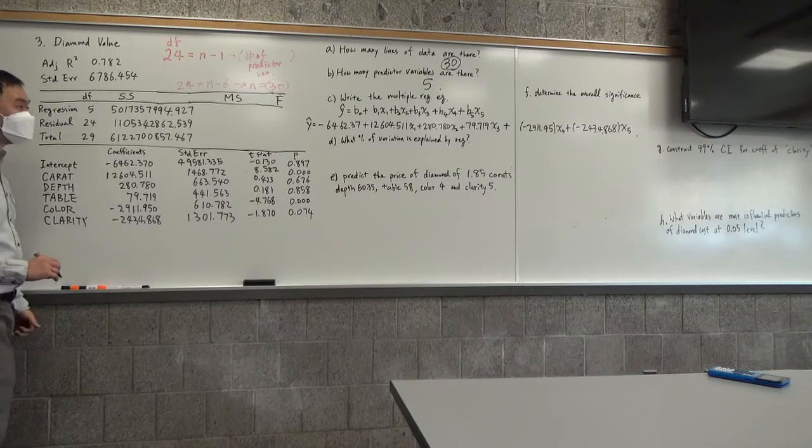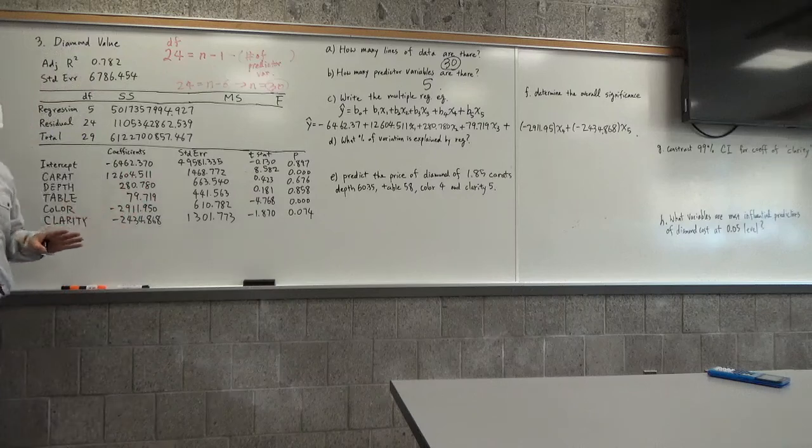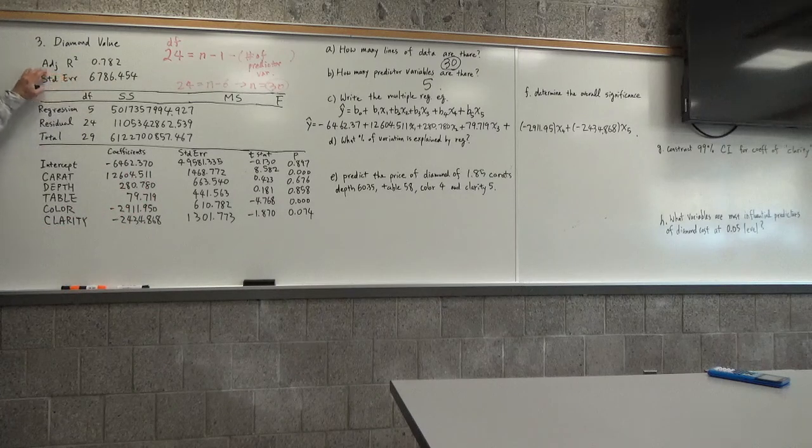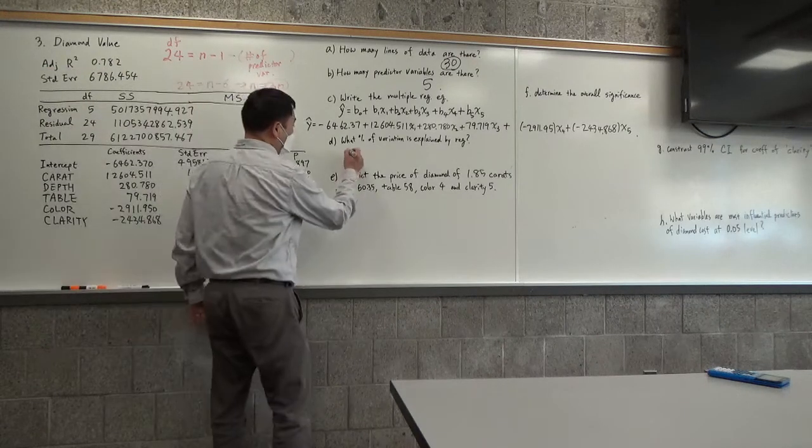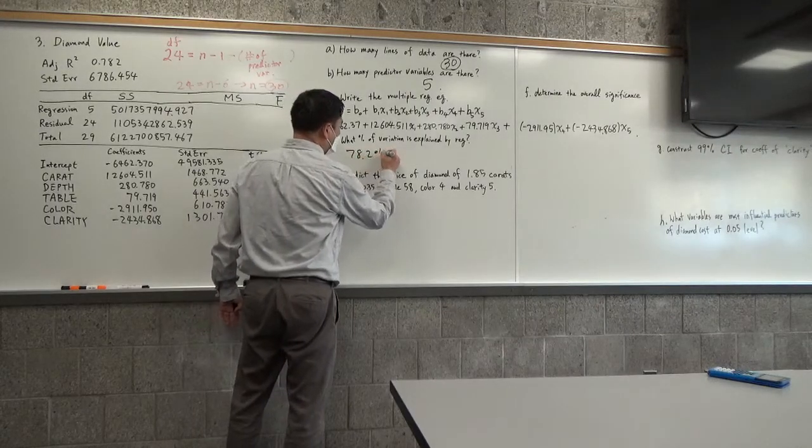Adjusted R squared just penalizes for having too many predictor variables, because the more predictor variables you have, the easier it is to get better explanation power, but you need some trade-offs. We'll use adjusted R squared for multiple regression. So the answer to this is 78.2%.